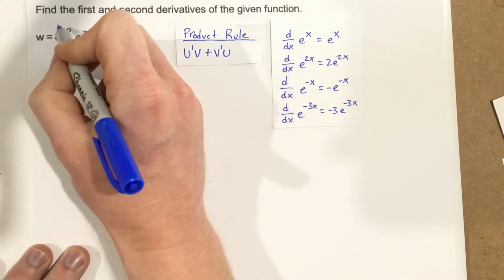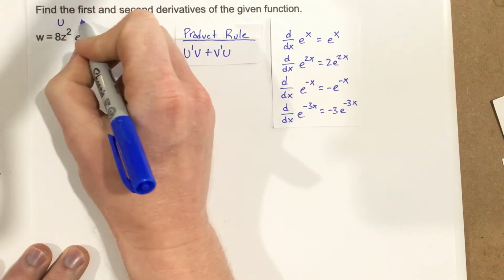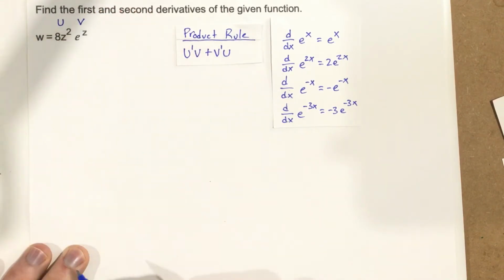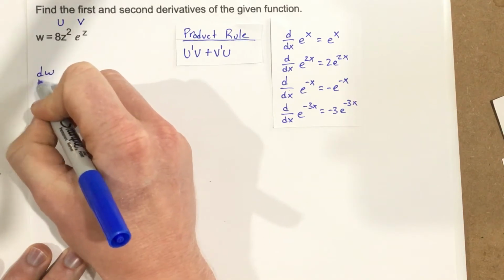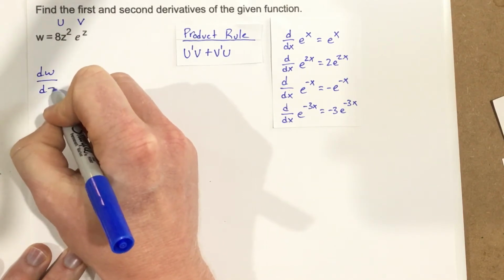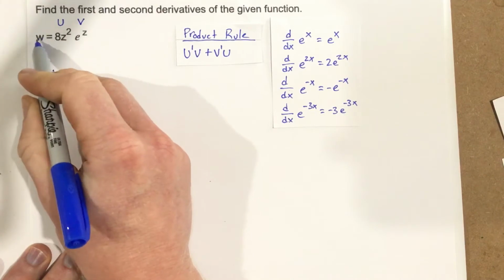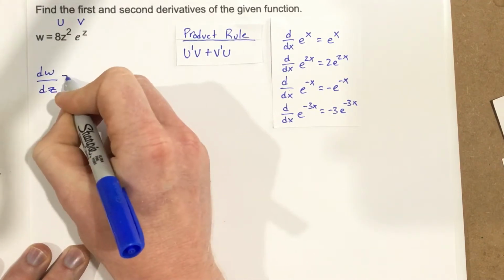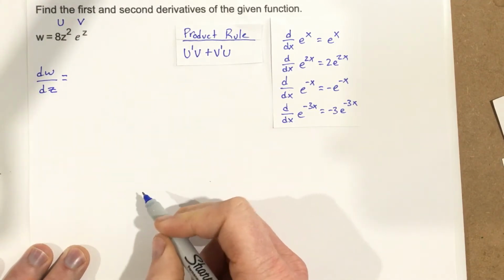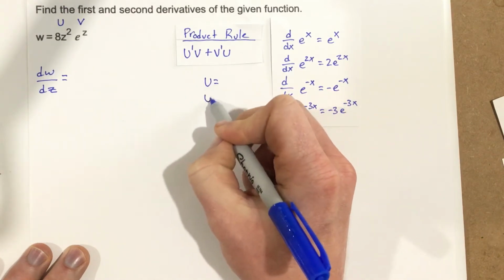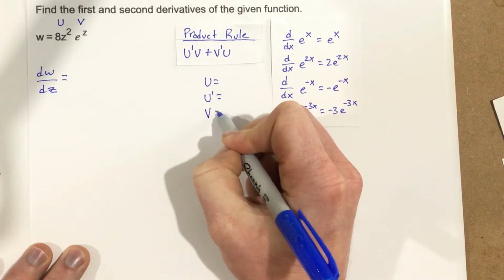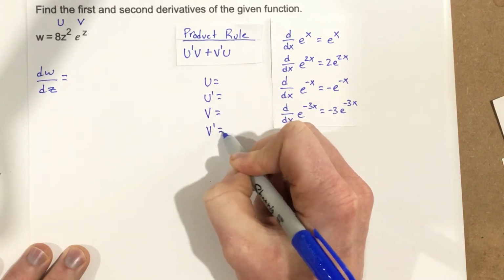So we're going to call this u, this v, for this problem here. And we're going to say that dw over dz, which means the derivative of the w function with respect to this independent variable z, is going to equal, let's go ahead and write out u prime, v, and v prime.